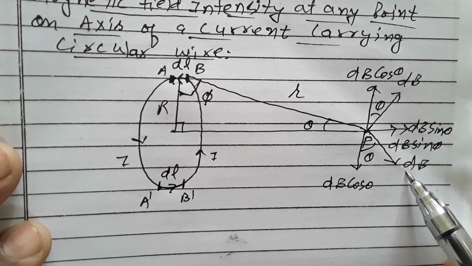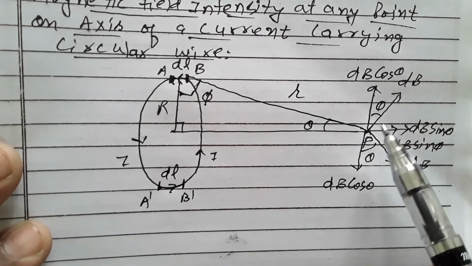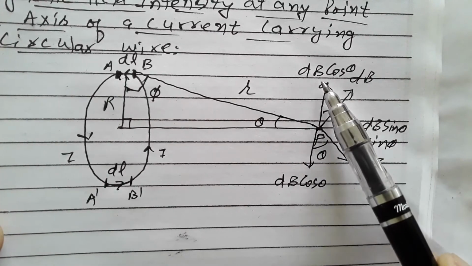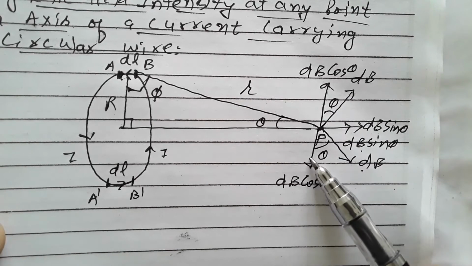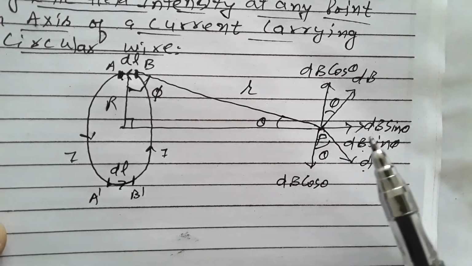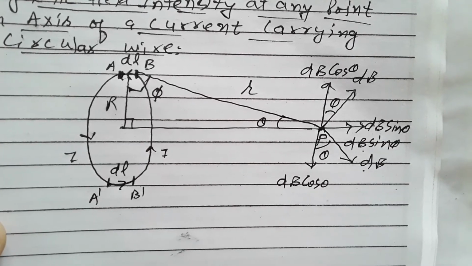Now we can resolve dB into two components, dB cos theta and dB sin theta. In this diagram, dB cos theta and dB cos theta will cancel each other because they are equal and opposite. Only the component which is left is dB sin theta and dB sin theta.